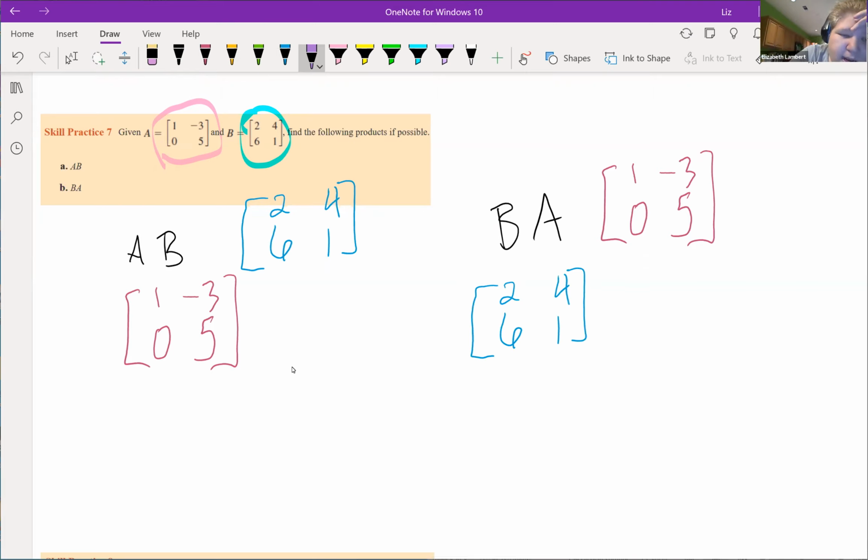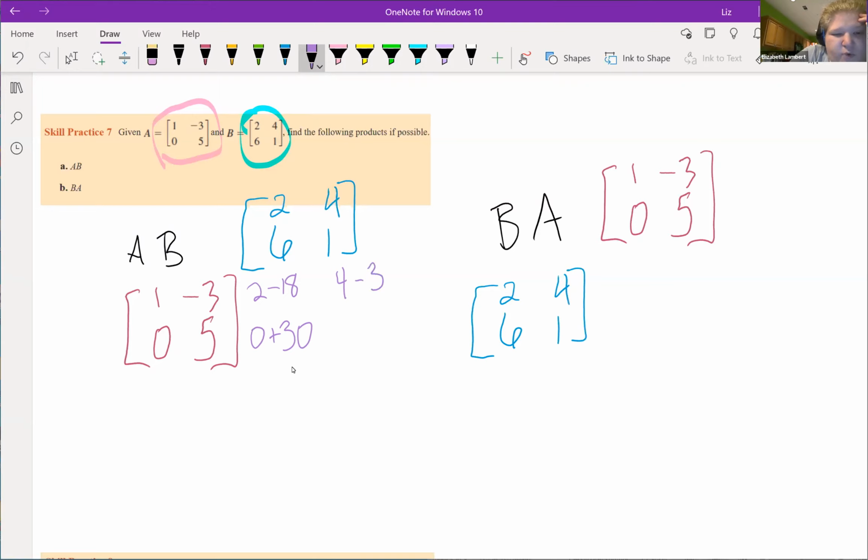All right, so crash 2 times the 1, 6 times the -3. So that is going to be 2 minus 18. Now crash it down to the next floor. 2 times 0 is 0. And then 6 times 5 is 30. All right. Now we're going to take our tree 4, 1 and crash it through. 4 times 1 is 4. -3 times 1 is -3.